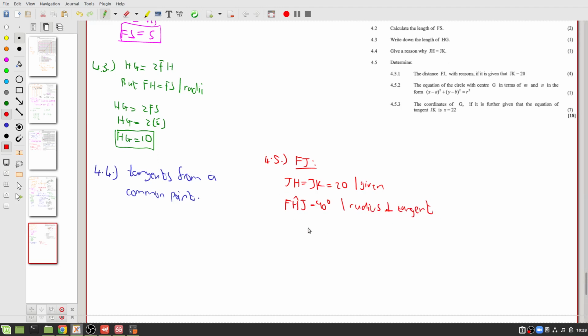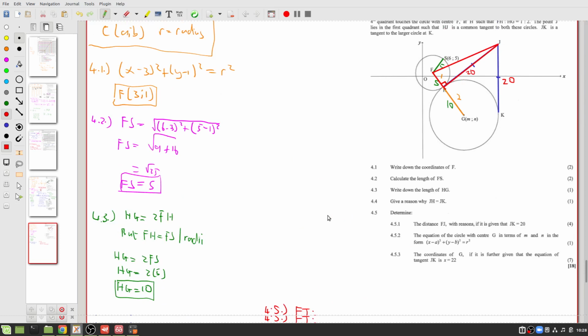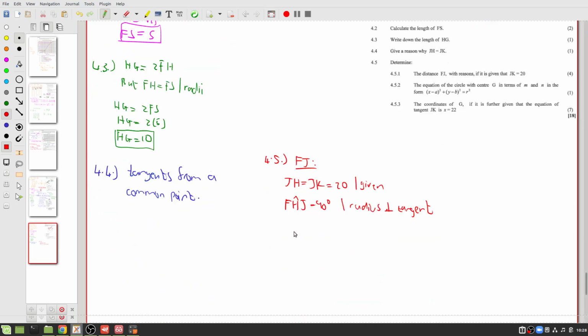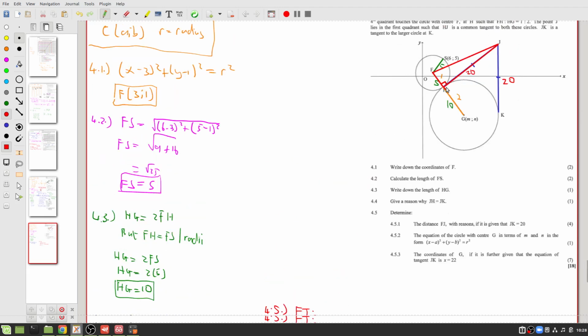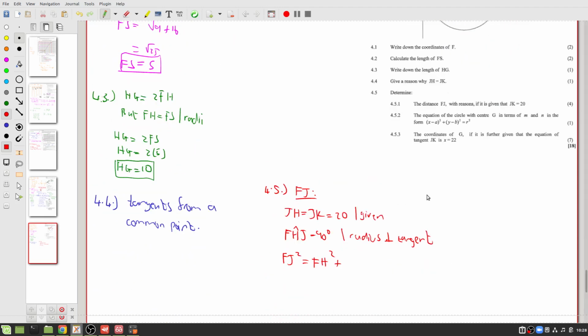Great, so now that we know this, we're allowed to use Pythagoras. So FJ squared equals FH squared plus JH squared. FJ squared we don't know, we're trying to figure that out.